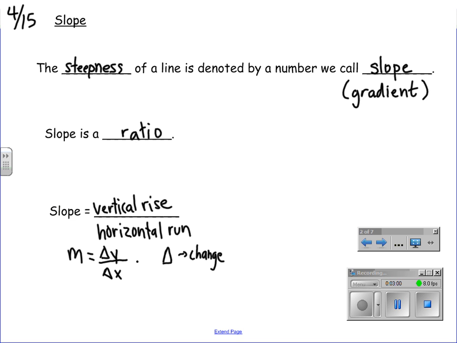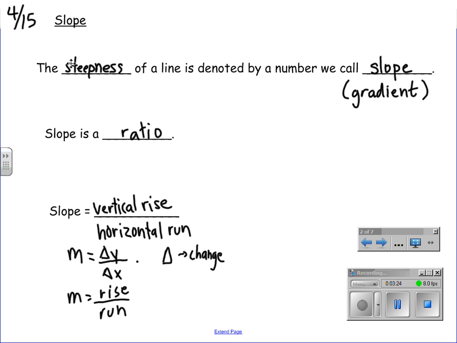Sometimes students call it the rise over the run. It's just kind of catchy to say slope is rise over run. Now, one of the biggest mistakes we want to prevent is you mixing up the y's and the x's. Then it's not slope and you get everything wrong.